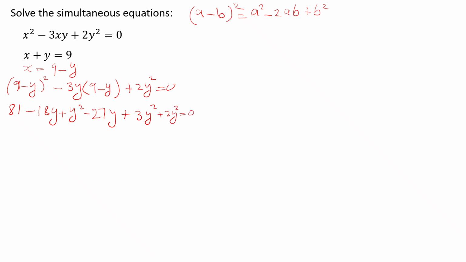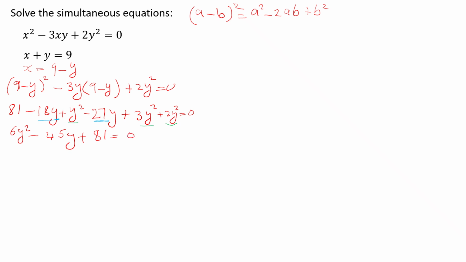Now simplify this. 2y squared, 3y squared, 5y squared, plus y squared, 6y squared, minus 27y and 18y, so negative 45y, plus 81 equals 0.